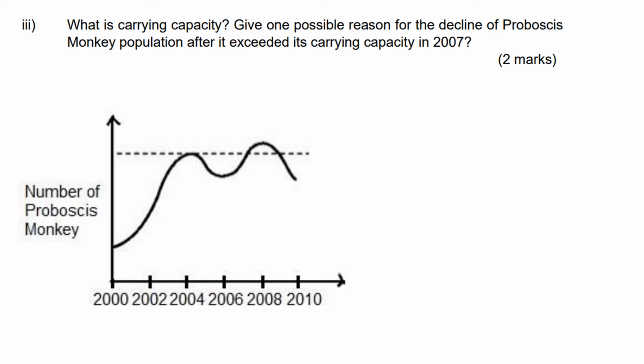Okay, so in order to be able to answer the question, you have to define carrying capacity, and it's worth 1 mark. So basically, carrying capacity is the maximum number of individuals the environment can support over time based on the available resources, based on the available food that is present in the habitat, for example. Okay, so that is carrying capacity.